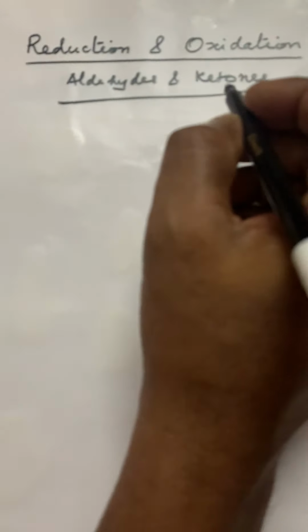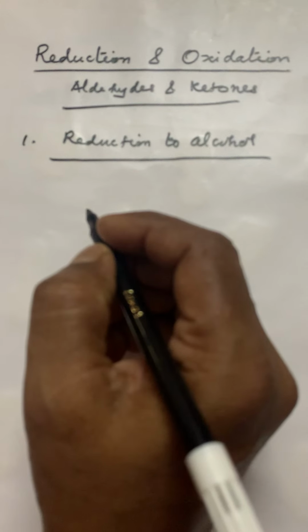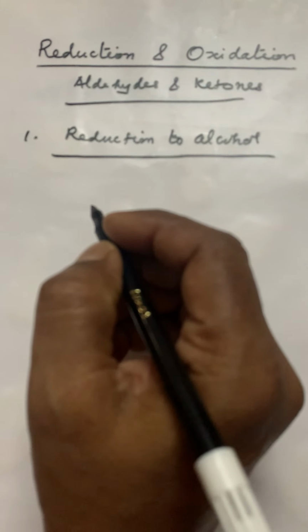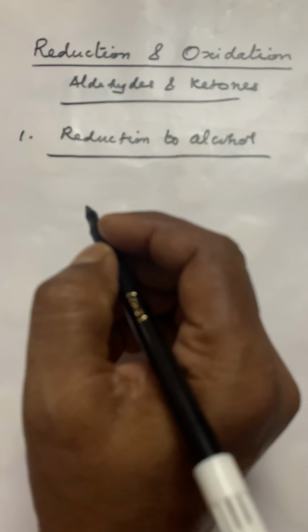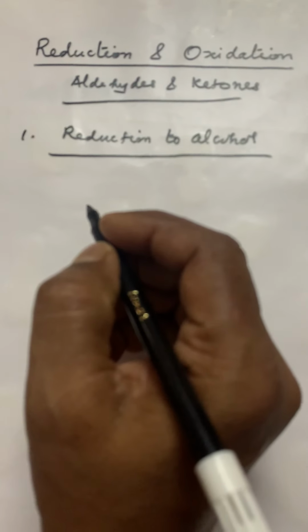Aldehydes and ketones undergo reduction with hydrogen and nickel, or lithium aluminum hydride, giving primary alcohol and secondary alcohol respectively.